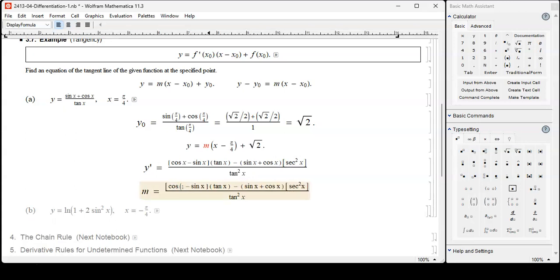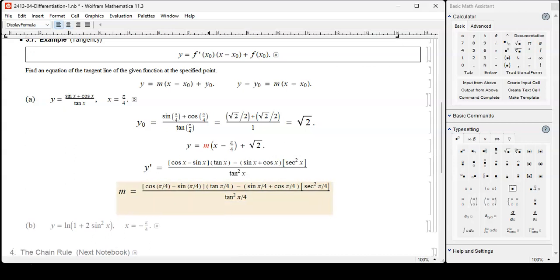And then this is pi over 4, and then sine of pi over 4, and tangent of pi over 4. Okay, all right. What's this computation?